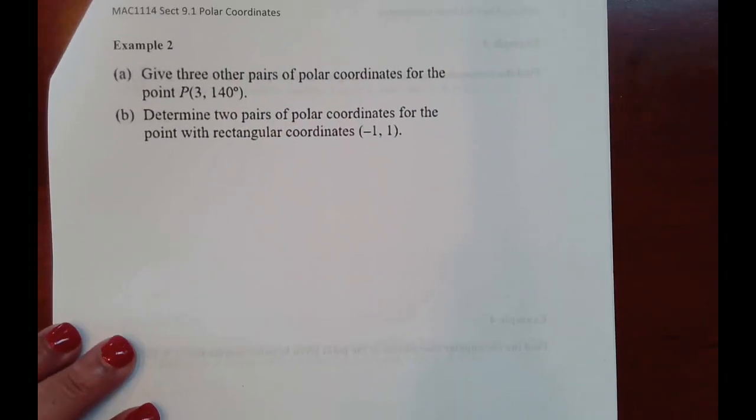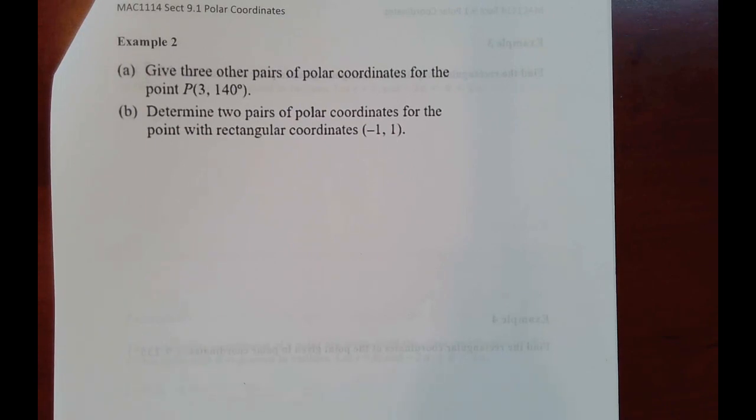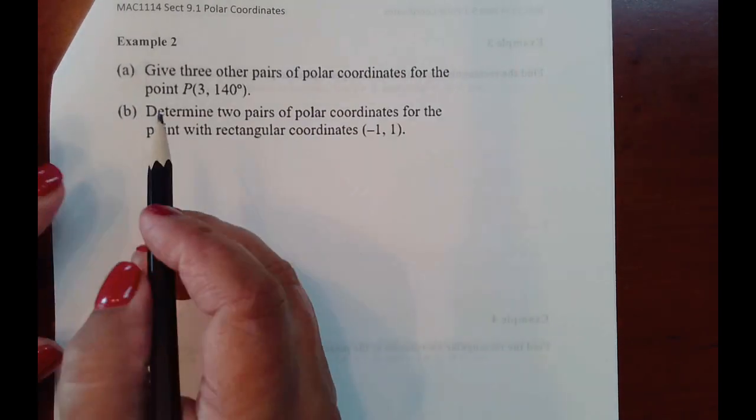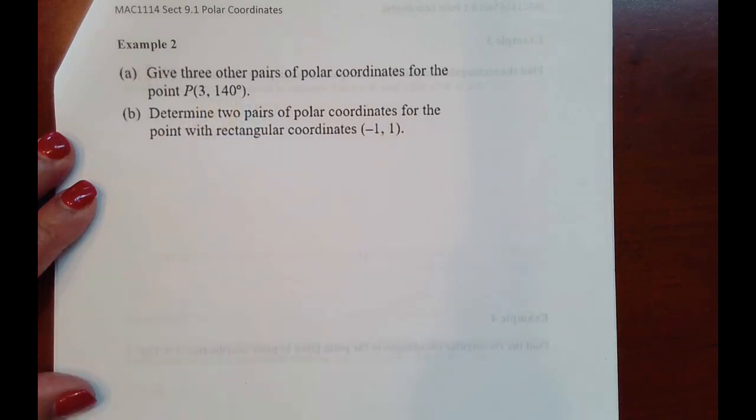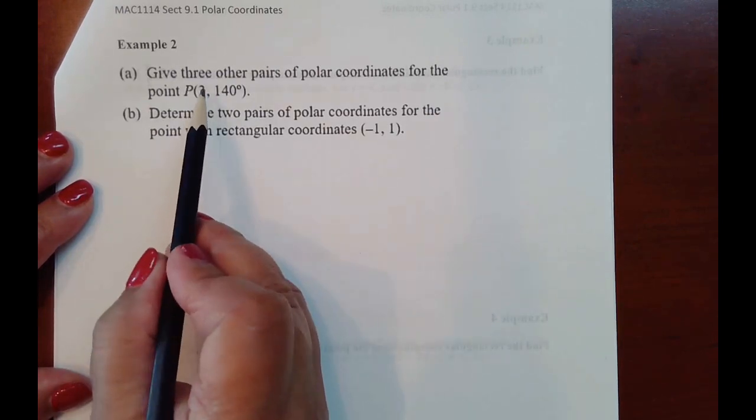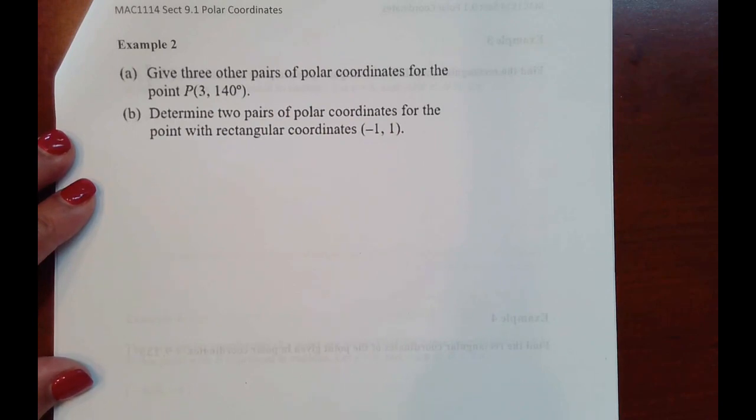In example 2, we're doing something that's actually exactly the same as finding coterminal points. So in other words, you're going to plot a point that you're being given, 3, 140, and you're going to find names of other points that would cause you to land right in that same exact position as 3, 140.